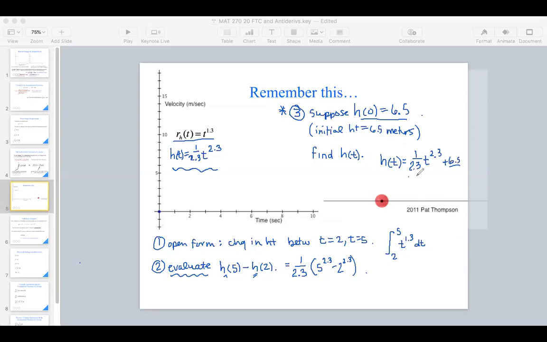So it's only because this is a vertical intercept spot, because it's a starting value, t equals 0, and also because this is a power function. If this had been an exponential function, like 2.3 to the t power, when I sub in 0, this term with the variable does not come out to be 0. There's a lot of different ways we could have to do the work, but this one's an easy one.